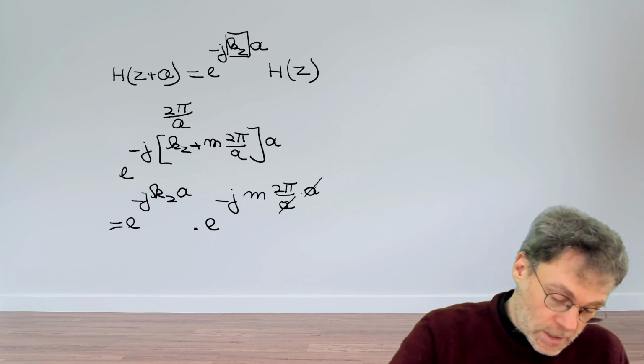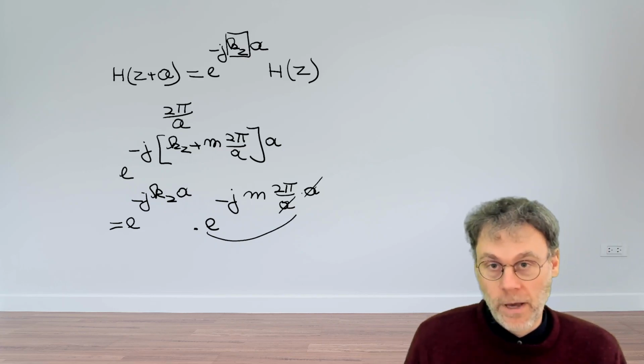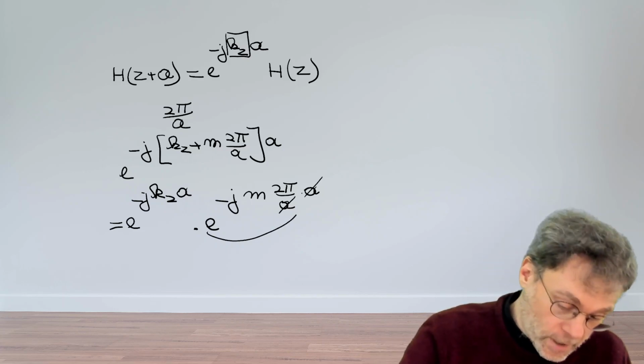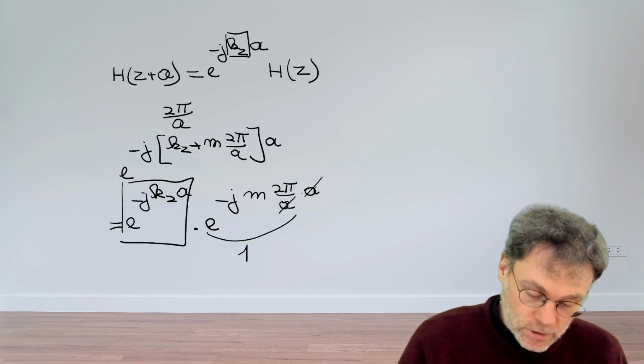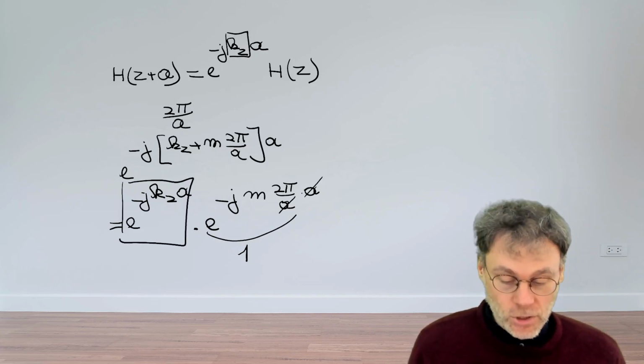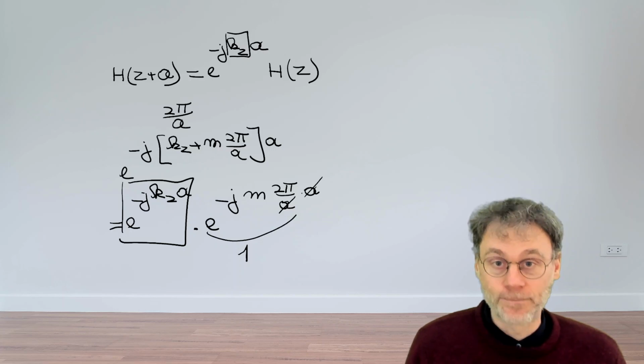So this basically is exponential minus j an integer multiple of 2 pi, so this is just 1, and then we end up back where we started, exponential minus j kz times a.